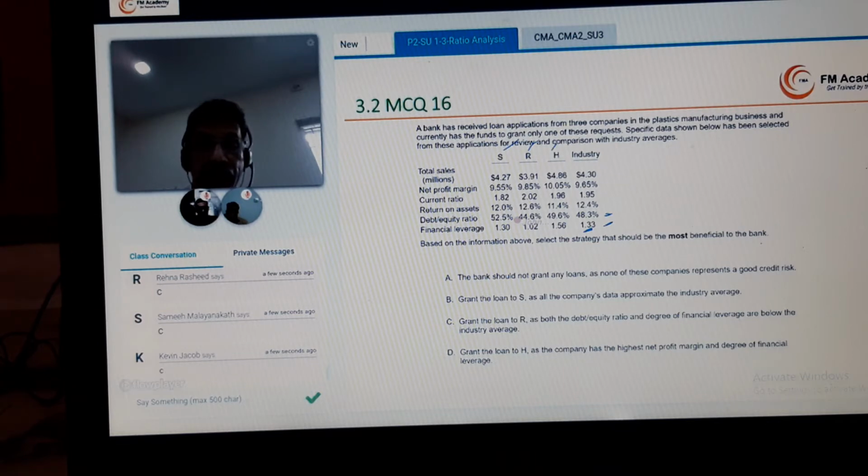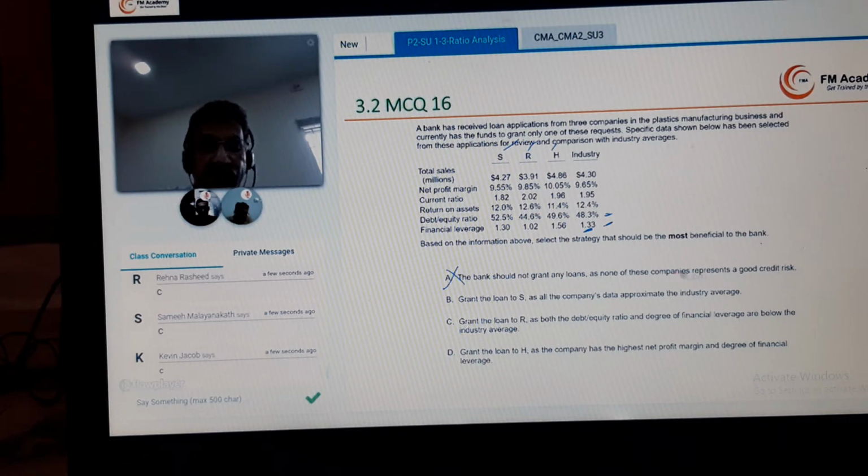Then debt equity ratio 48 point something, so at least one company has less debt than the industry average. So you have all types of candidates. Without wasting your time, you can say that you have some candidates which could be a good credit risk compared to industry average. So this is wrong.